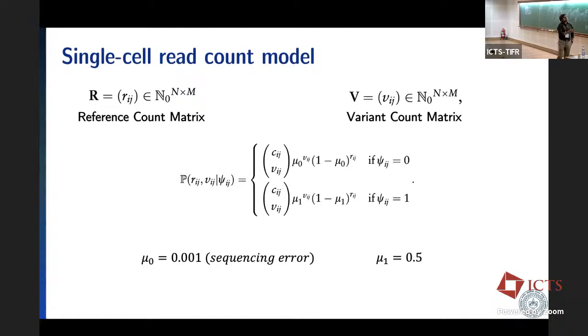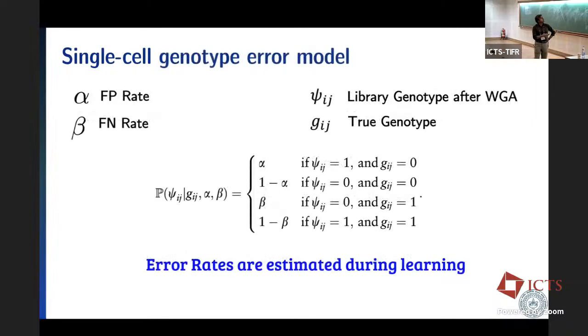The probability is only coming because of the sequencing error. So mu0 is basically 0.001, the probability of sequencing error in, let's say, Illumina sequencing. Dropouts have already been modeled in the previous equation using the false negative rate.